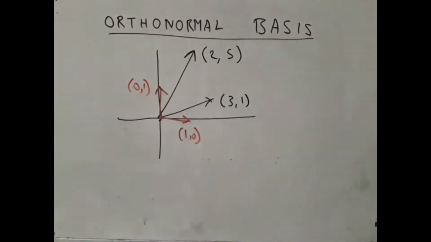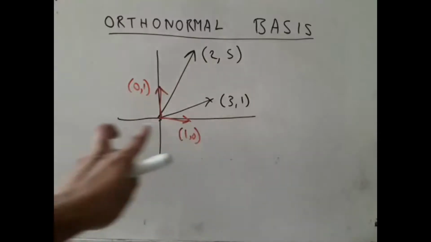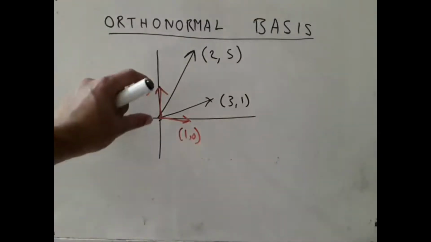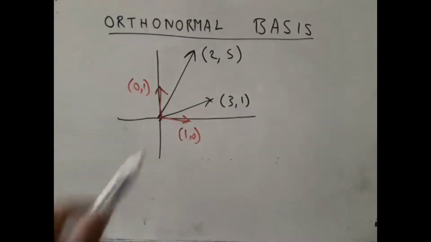These actually define the two axes, x-axis and y-axis. This one gives you the measurement of length along the x-axis, and this one gives you the measurement of length along the y-axis. So these two red vectors also constitute a basis, but they have some distinct advantage over these black bases.